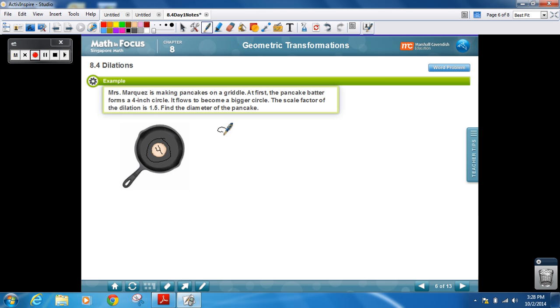We know that scale factor is equal to the image over the original. So I'm going to fill in the parts that I know. This time they gave me the scale factor as 1.5. I don't know the diameter of my image, but I know the original is 4.